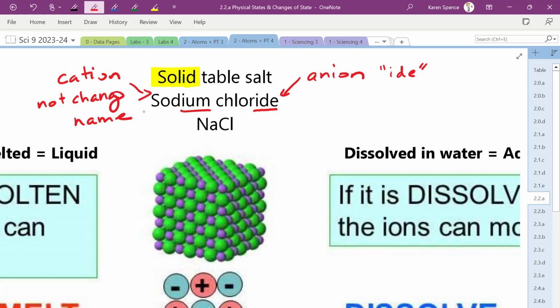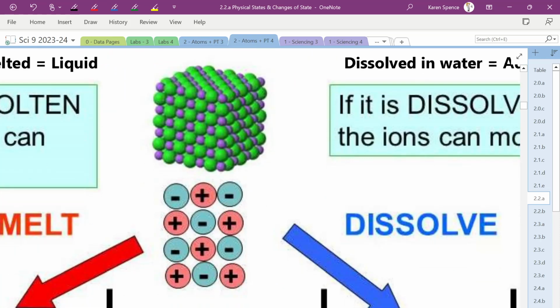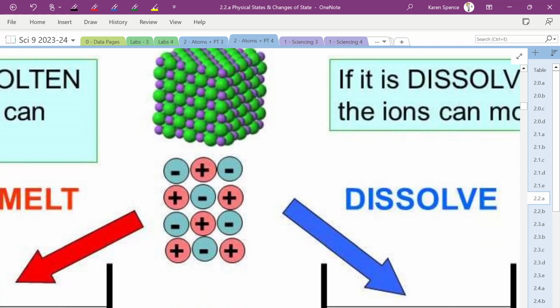Okay? So that's what we're seeing in this cube, is alternating positives and negatives. Sometimes that's a little hard to visualize because it's 3-dimensional, yes? So sometimes we simplify it by putting it into 2 dimensions.